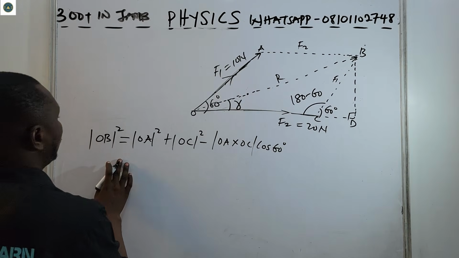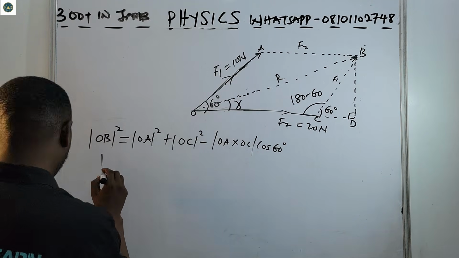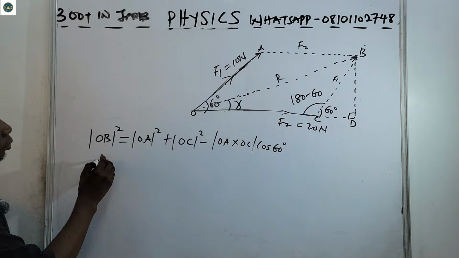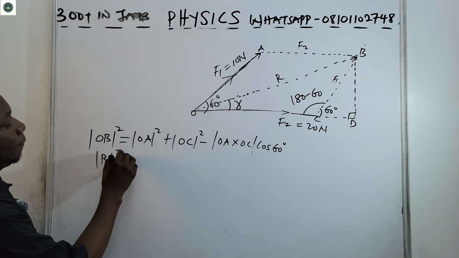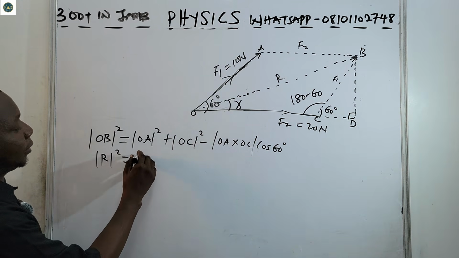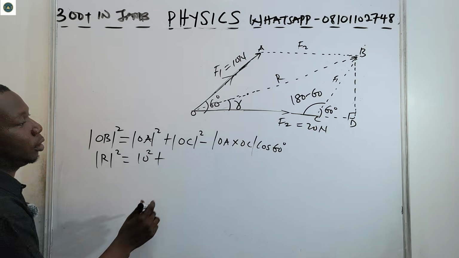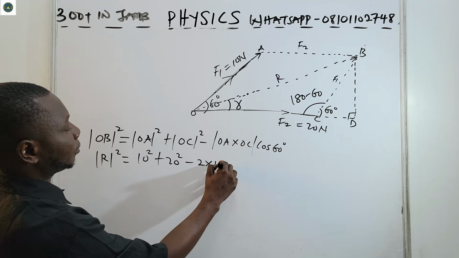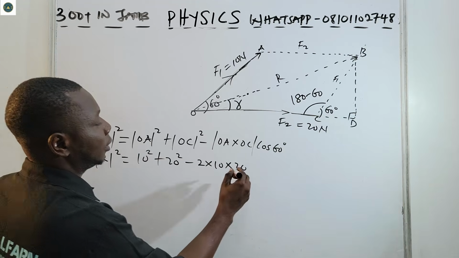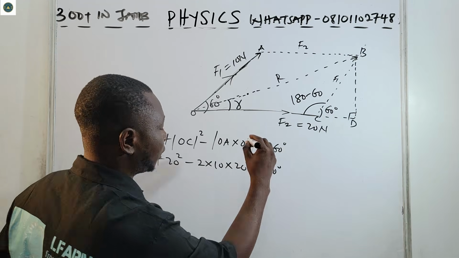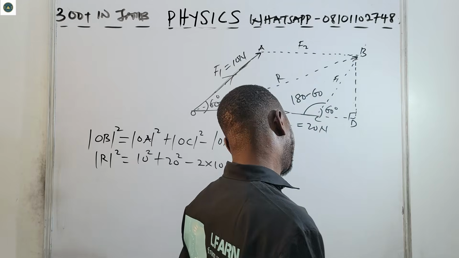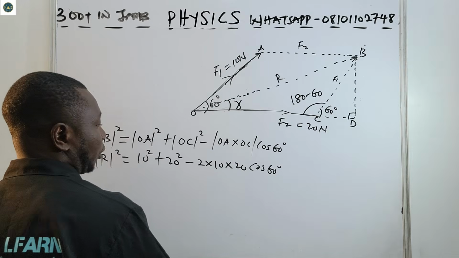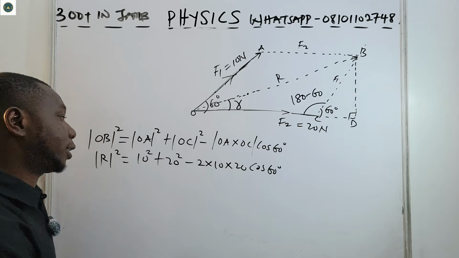So we have OB is our resultant. So R squared, OA is 10 squared, OC 20 squared, minus 2 times 10 times 20, then cos 60. Cos 60 is 0.5.